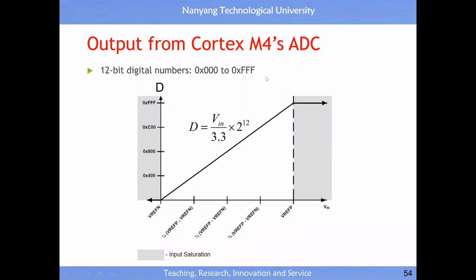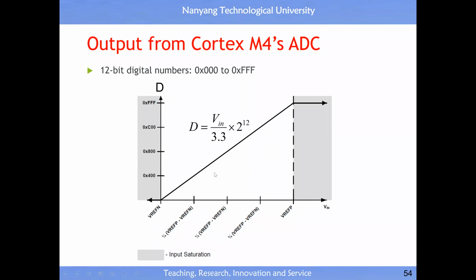Because we have 3 groups of 4 bits, this is why you only have 3 digits in hexadecimal format. So FFF is the maximum number. The smallest number is 000, all the way to FFF.